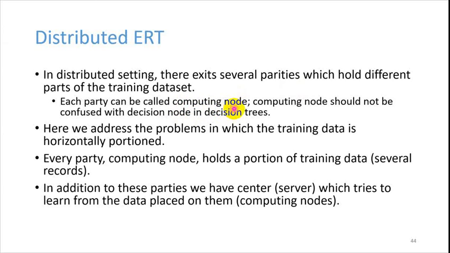And a computing node should not be confused with the decision node. These are 2 different things. A computing node can be a server in a hospital which holds part of the data, part of the records in the data set, or it can be a phone which has part of the data. And in this problem, we are going to address horizontally partitioned data.